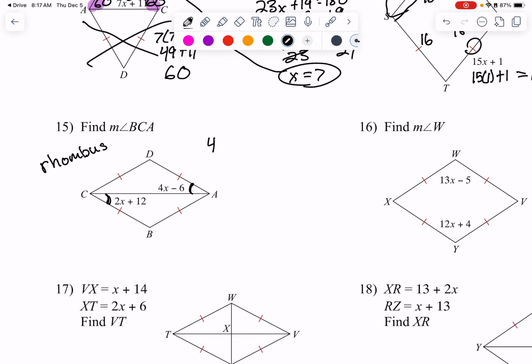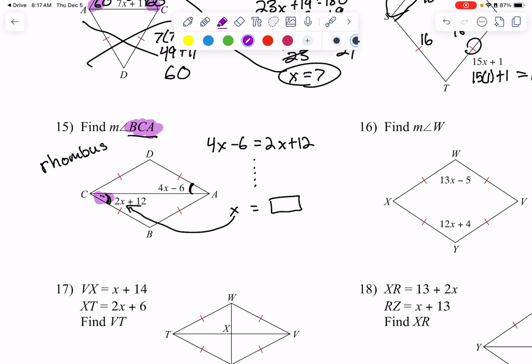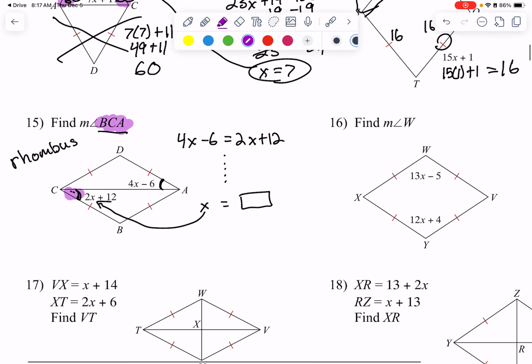So we would have 4x minus 6 equals 2x plus 12. You would solve for x equals something. And then you're going to plug that in into the angle it's asking for, which is BCA, or this angle here. Let's highlight it just to be clear. That angle is BCA. So you find x, plug it in, and then you'll get it.